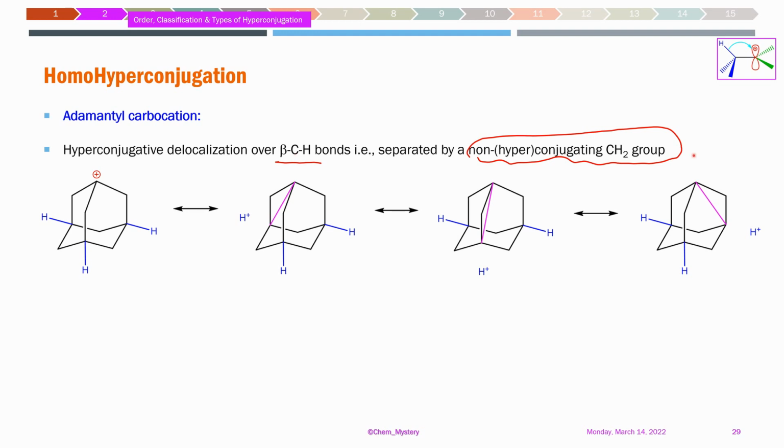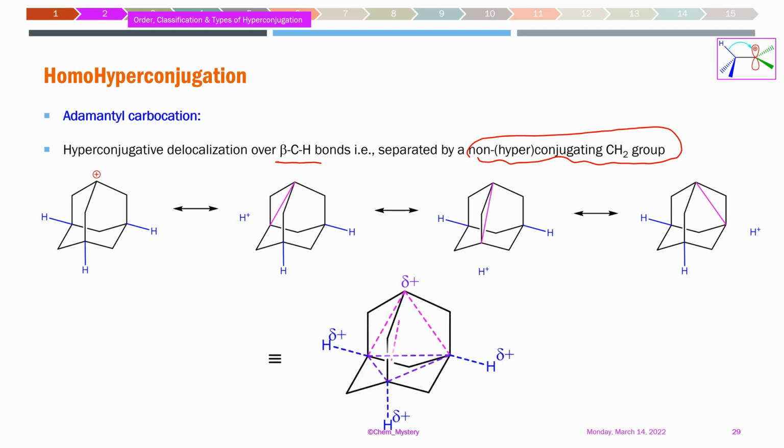We can see it's a resonance hybrid, rather we should say hyperconjugating hybrid, where the positive charge will be shared by 4 atoms: that carbon of the adamantyl backbone, and 3 hydrogen atoms present at the beta position. There is this positive charge being delocalized.